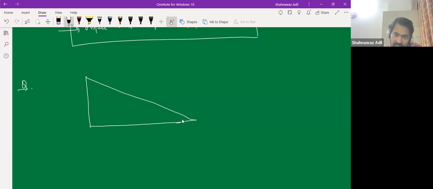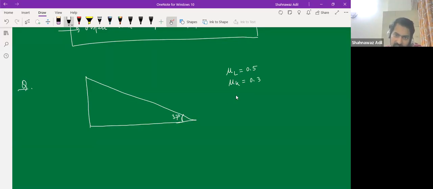This is 37 degree. Mu L is 0.5, mu K is 0.3, and you have put an object.